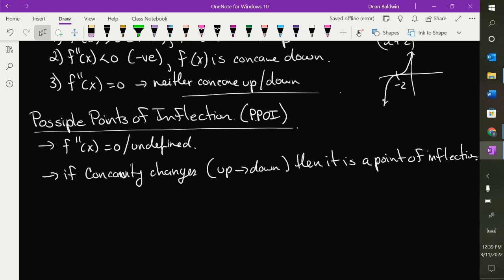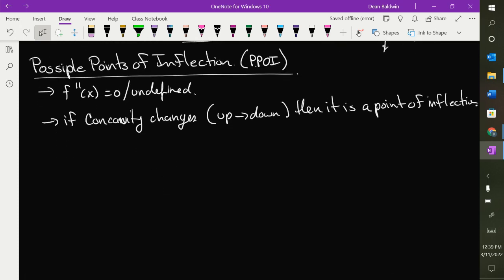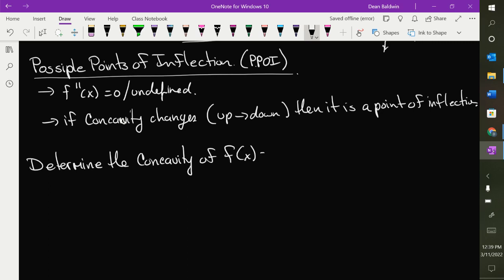Okay. So let's do practice just finding points of inflection and testing them. The first example we're going to do is determine the concavity of f of x equals x squared plus 1 over x squared minus 4.